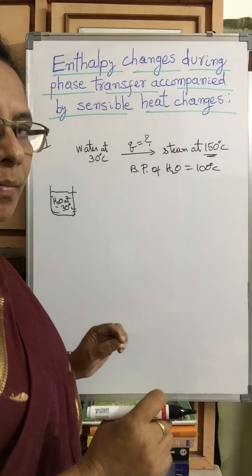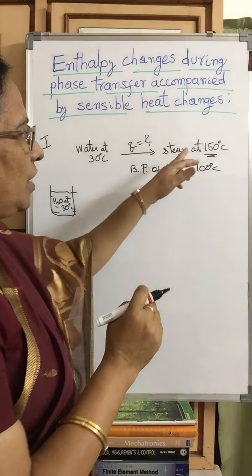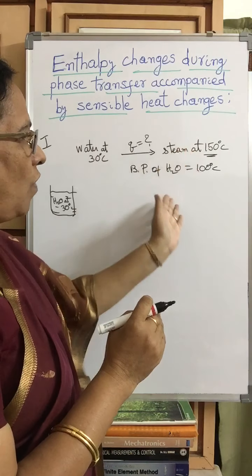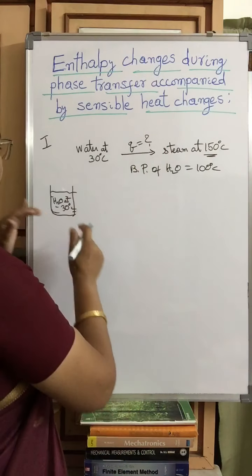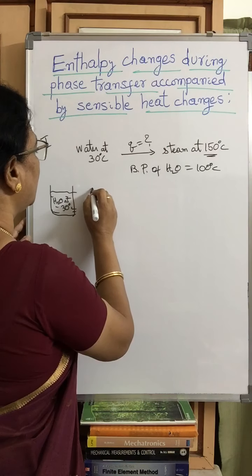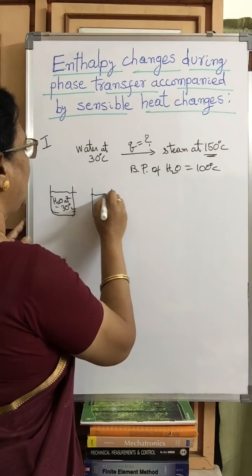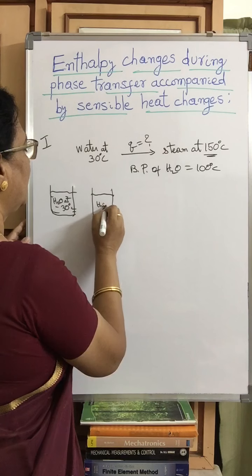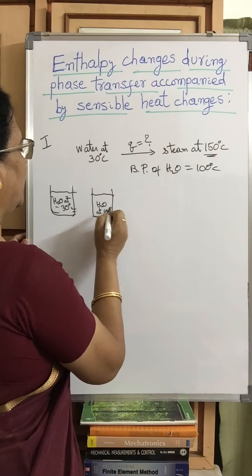We should keep in mind that phase change takes place, that means steam production from water takes place only at 100 degrees centigrade. So first we need to heat this water to 100 degrees centigrade.